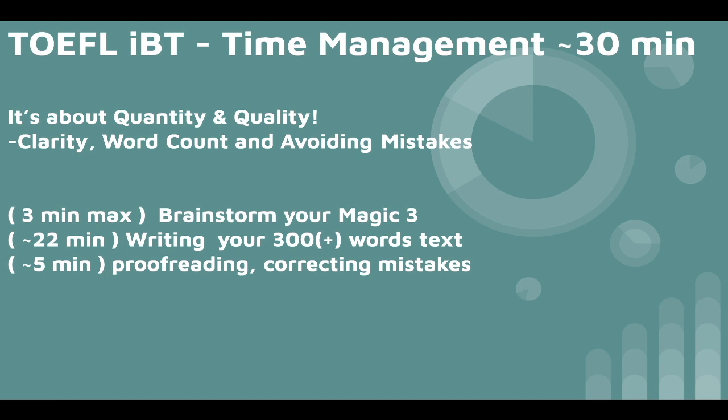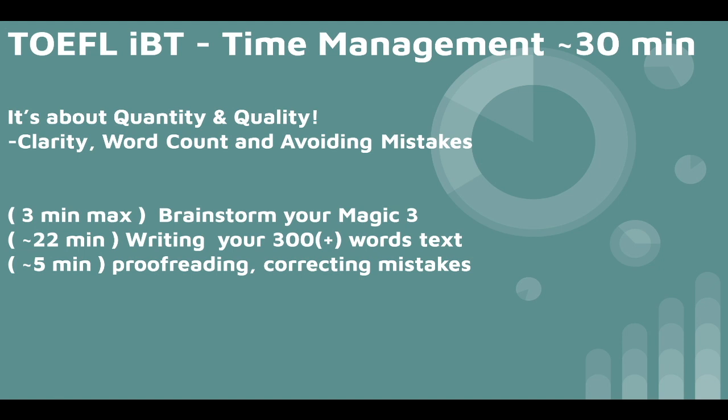That's how I make grades for my students. So this is the same for the TOEFL iBT writing. It's about the quantity, again, reaching those 300 words, and the quality, basically avoiding mistakes and being clear in your ideas.